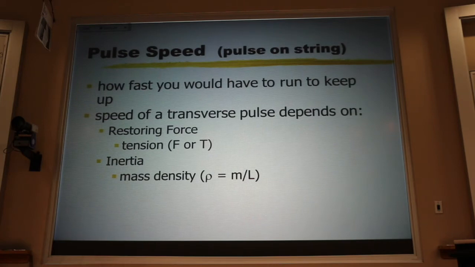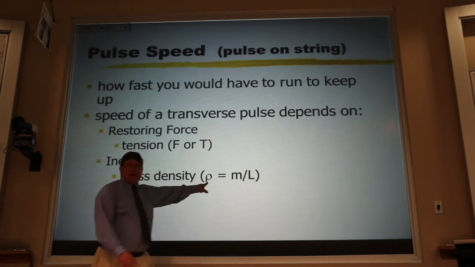Because I could have a spring that was a certain type of spring. If I had a mile of it, it would have half the mass as if I had 2 miles of it. Both springs would act the same, so the total mass is not going to give me what I need.